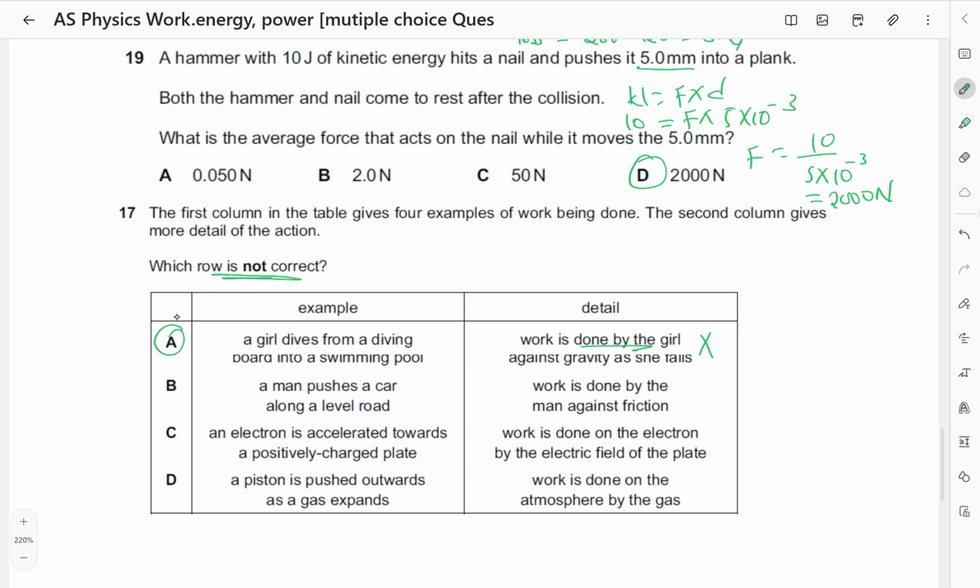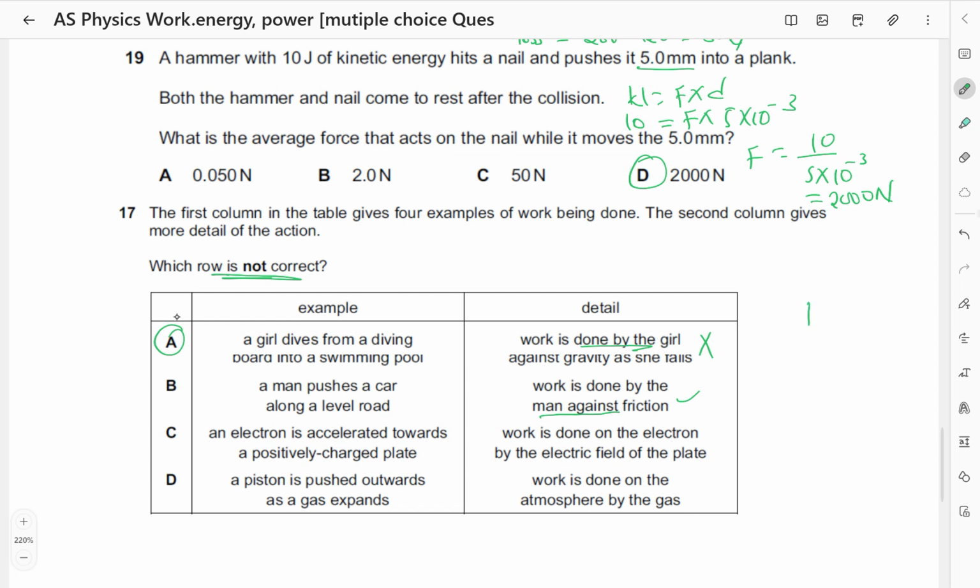A man pushes a car along a level road. Work is done against friction because there is a force, and the level road we expect it to be rough. Work can be done against friction. That is correct. An electron is accelerated towards a positively charged plate. Work is done on the electron. Yes, because it's moving towards a positive plate, work is done on the electron by the field, not by the electron.